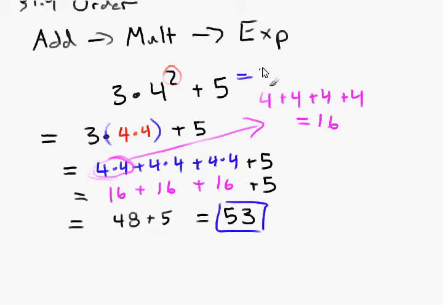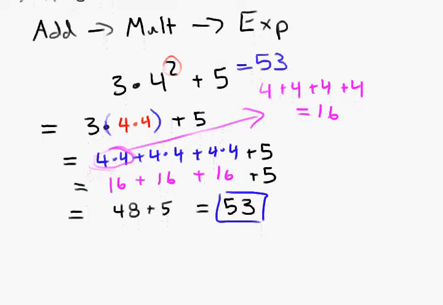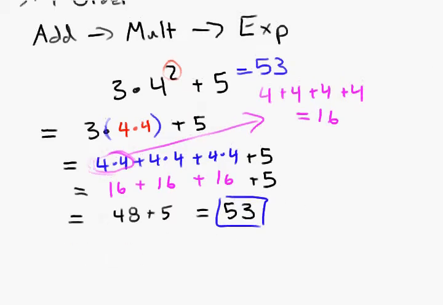We know that this guy better be 53. The question is now, what was the order that we went through? How would we do this without all of this ridiculous write it in terms of addition stuff? Well, we could try multiplying first. We get 3 times 4 is 12, so we'll write this down.